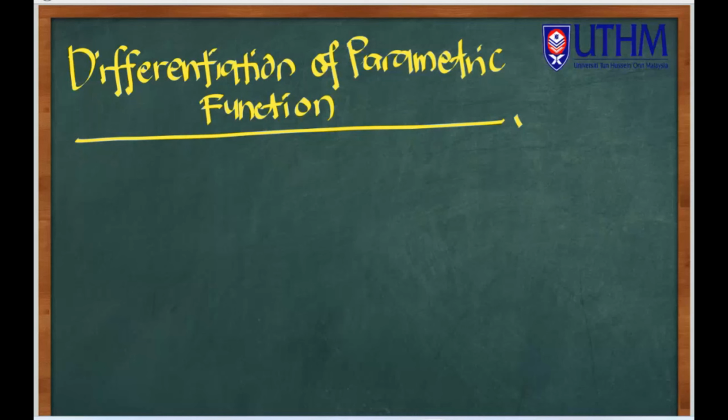The implicit relationship of x and y can be expressed in a simpler form using a third variable known as parameter. For example, we have a function of x equal to t squared, and y equal to t power of 3 plus t.